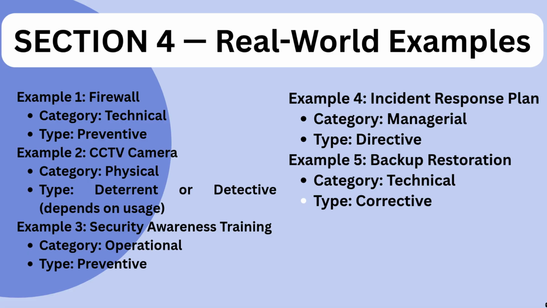Third example, security awareness training. Security awareness training is an operational control and a preventive control. Fourth example, incident response plan. An incident response plan is a managerial control and a directive control. Fifth example is backup restoration. Restoring backups is a technical control and a corrective control.